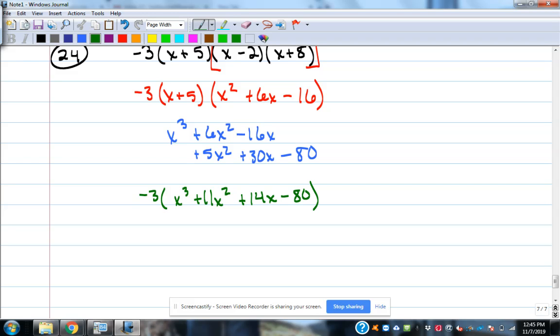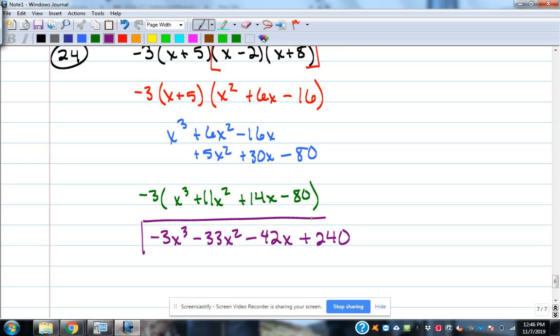Okay. And then distribute the -3 at the end. And there we built this big polynomial.